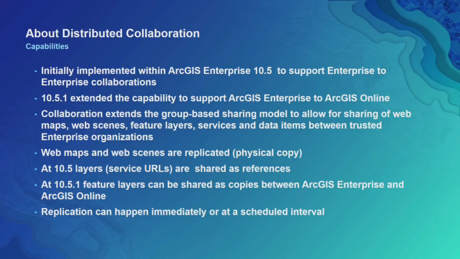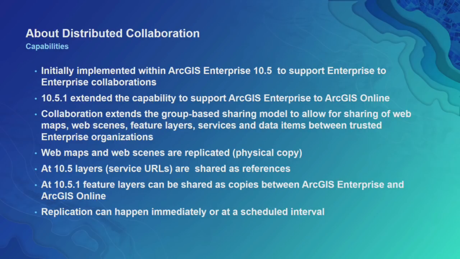It was not initially available from ArcGIS Enterprise portal, for example, to Online. However, with the 10.5 release of ArcGIS Enterprise, as well as the ArcGIS Online release that occurred a few weeks ago before the UC, you now have the ability to establish a collaboration between your ArcGIS Enterprise and ArcGIS Online.